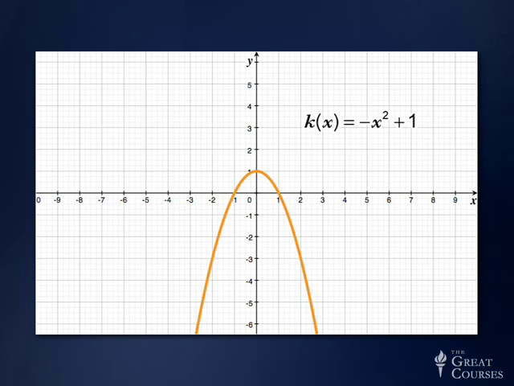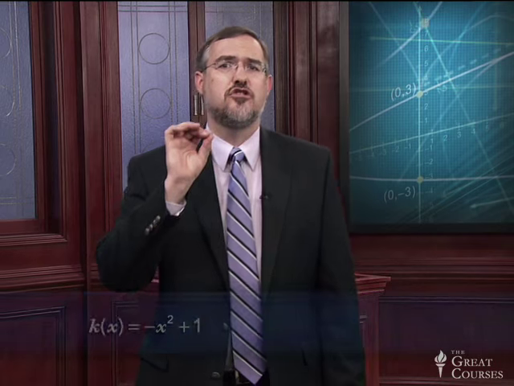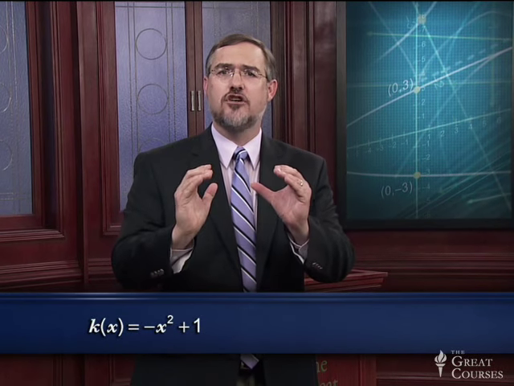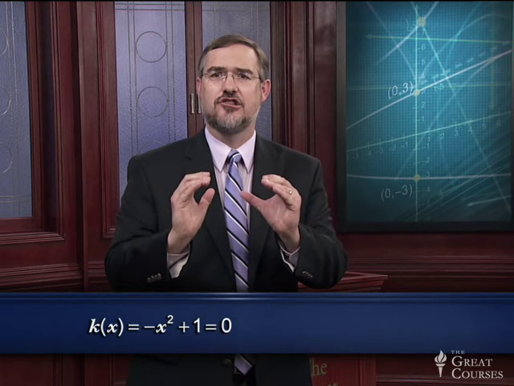But here's a question for you. How would you know it for sure? Maybe you drew the parabola too wide or maybe too thin. Well, to find those x-intercepts, which is a very important thing to do with a function, you could go back to the algebra, not to the picture, and set the whole function equal to 0 and solve for x.